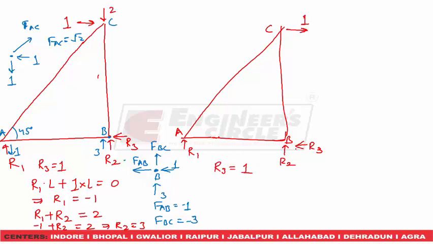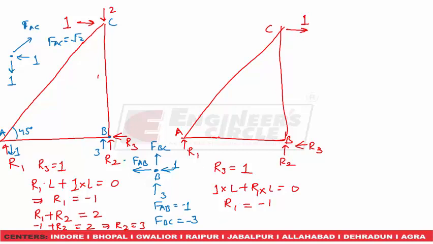Taking moment about B equal to 0. So this force is 1, this lever arm is L. So 1 into L, this force is R1 and lever arm is L. This will be equal to 0. From here we are getting R1 equal to minus 1. And again applying summation Fy equal to 0.